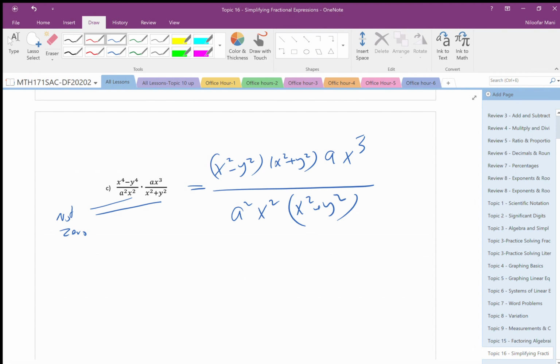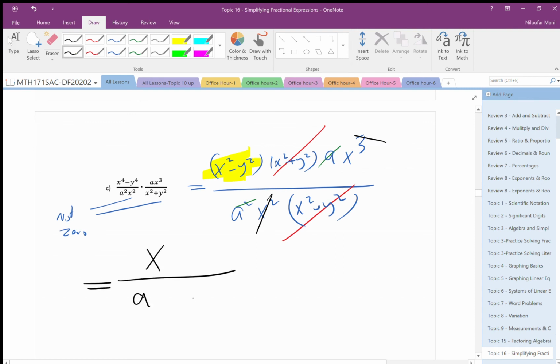Now I can cancel this and this. Factoring this one doesn't help me because I don't have anything in the denominator to cancel. So this and that, this and that. What is left? x over a. Beautiful. You can simplify this way.